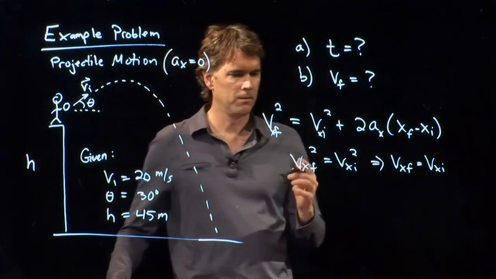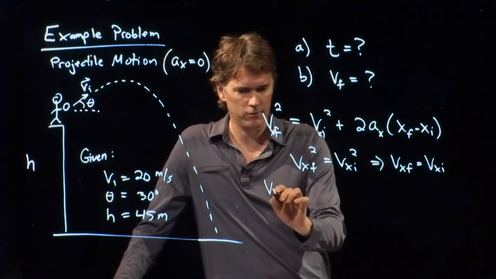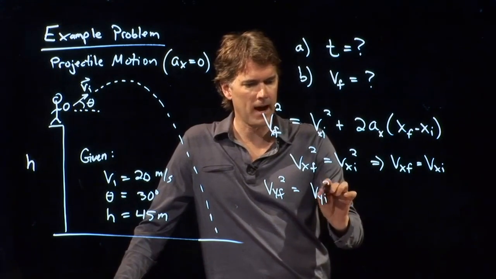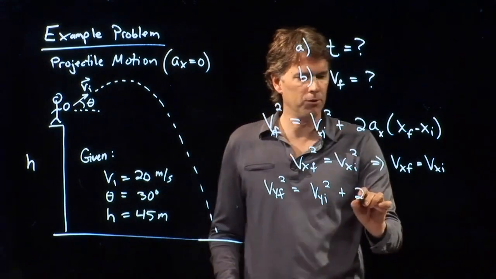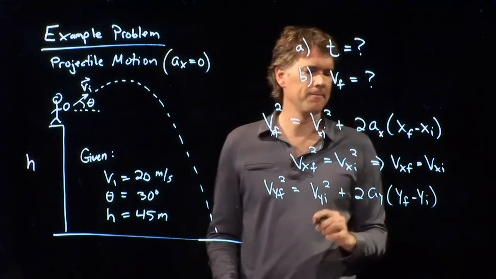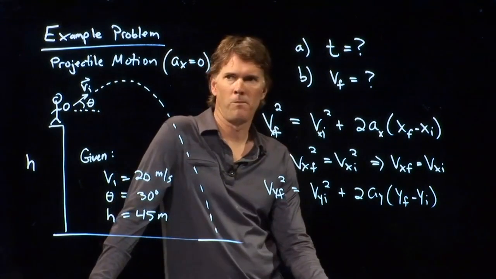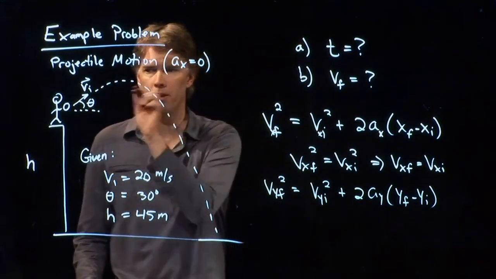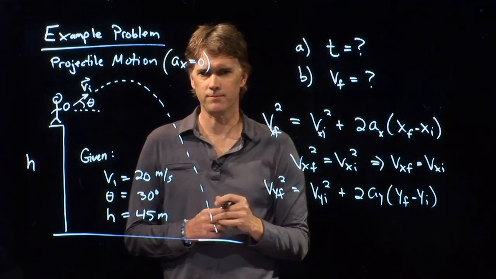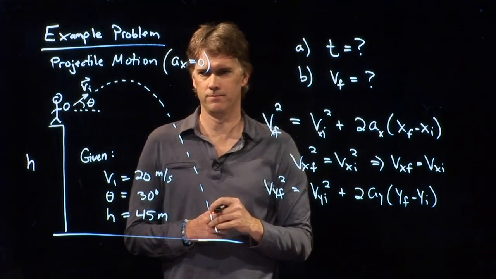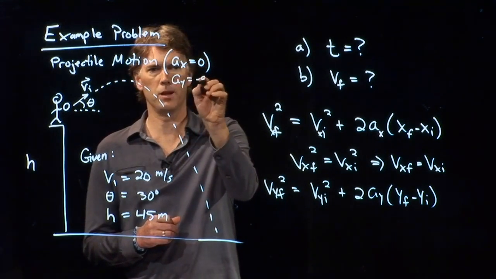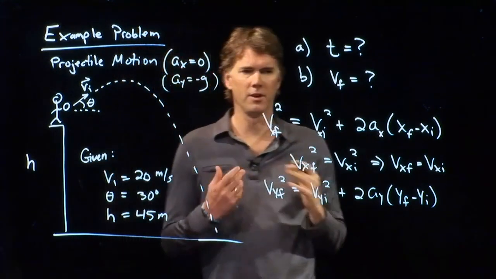All right, but let's rewrite this equation for y. Vy final squared equals Vy initial squared plus 2a sub y (yf minus yi). What is ay for this projectile after it launches? Negative 9.8, right? As soon as we let go of the thing, it's just gravity.